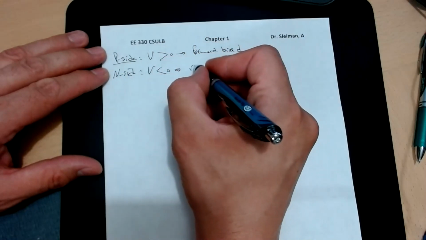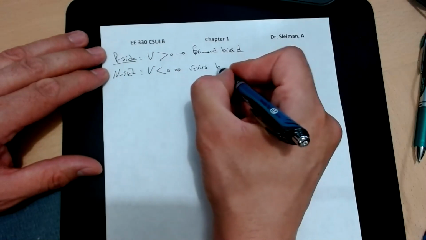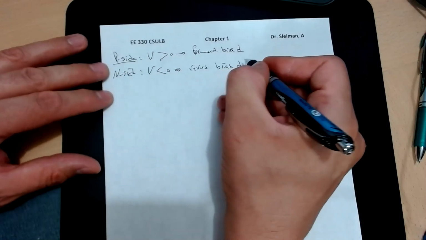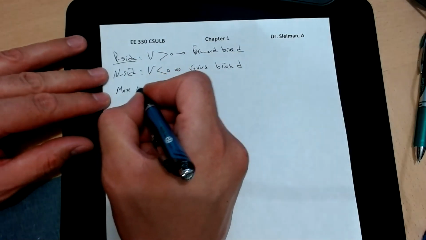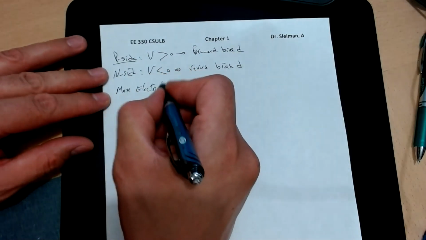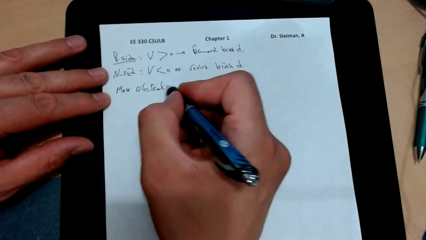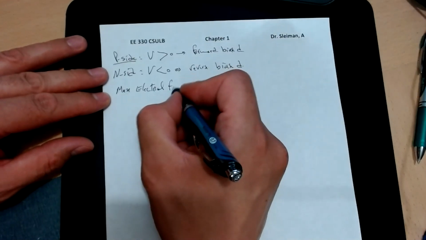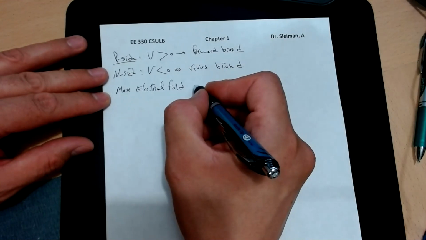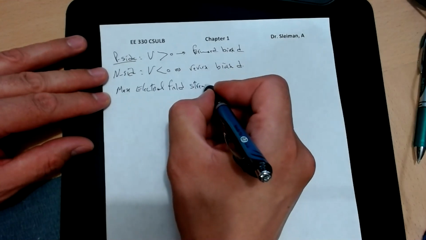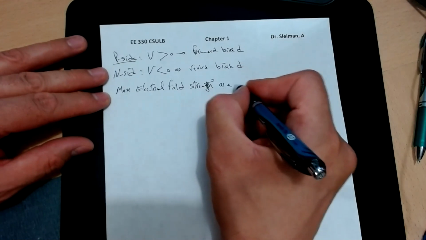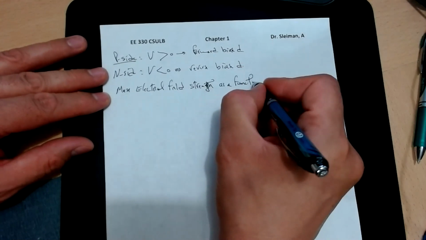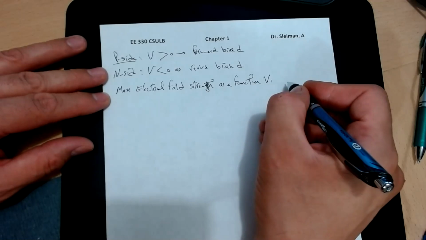So most likely that's the reverse bias. So for the maximum electric field strength as a function of voltage.